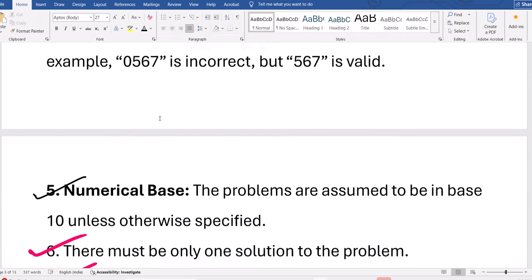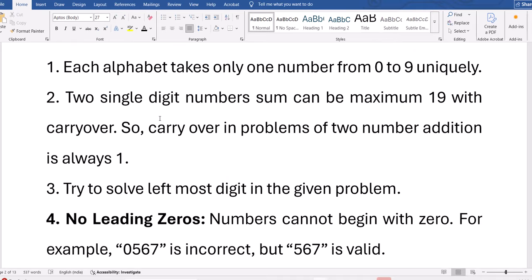But one important clue you should know before going for the exam or solving the questions is that you have to try to solve the leftmost digit first. Try to crack the leftmost digit in each word or sentence, whatever they are giving. And one more thing, this is very important. You take any two different digits.